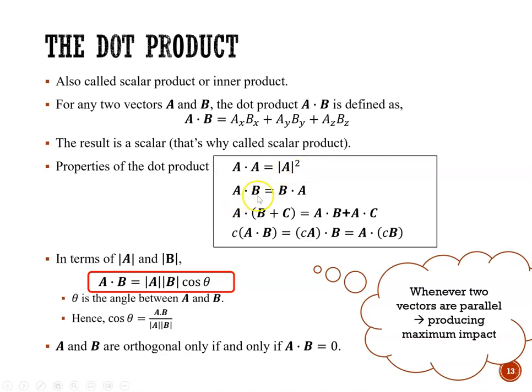A dot B is equal to B dot A. A dot (B plus C) is equal to A dot B plus A dot C. And C times (A dot B) is equal to (CA) dot B or A dot (CB).